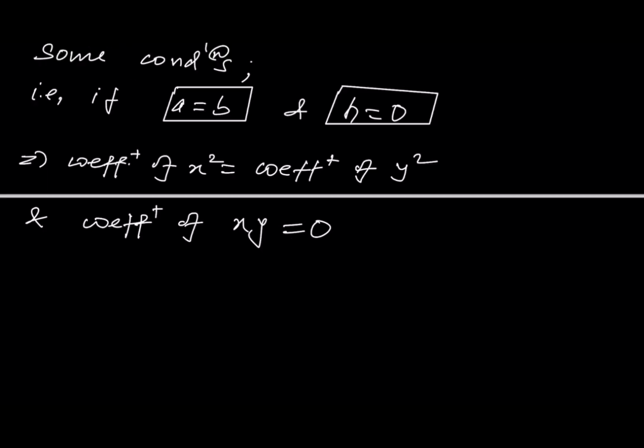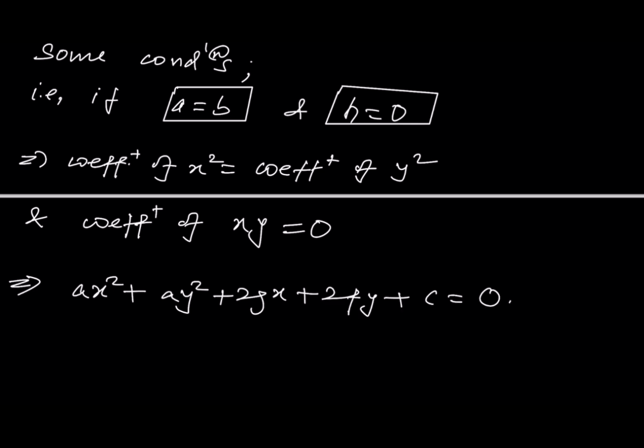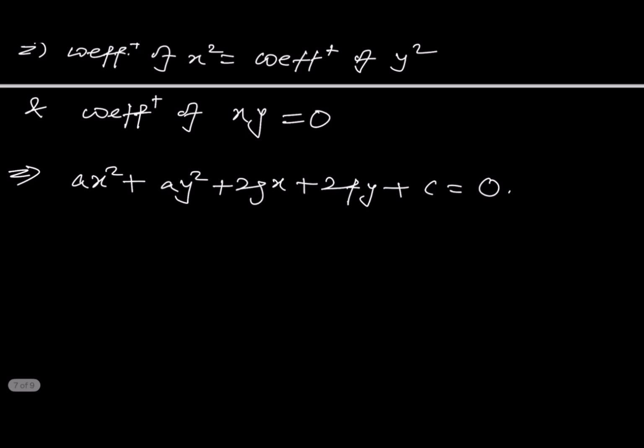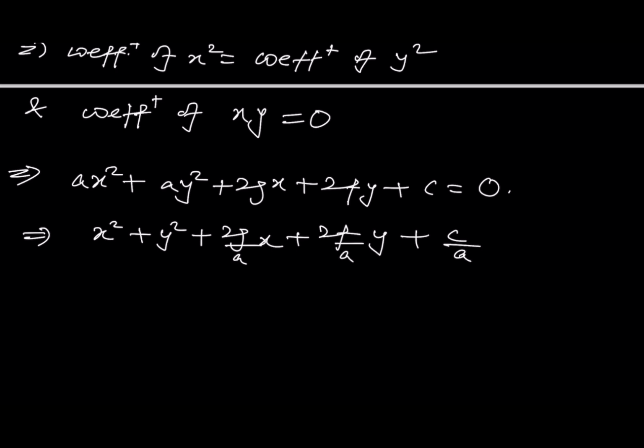Okay, so equation 1 will become ax square plus 0 plus ay square plus 2gx plus 2fy plus c is equal to 0. So if I divide both sides by a, then it will be x square plus y square plus 2g by a x plus 2f by a y plus c by a is equal to 0.